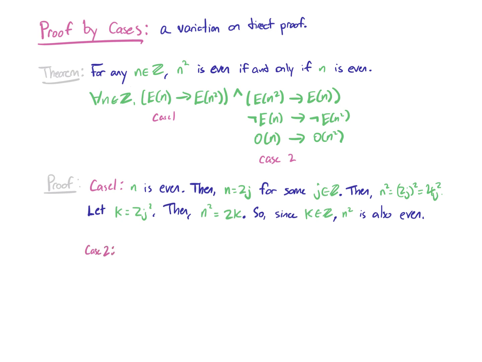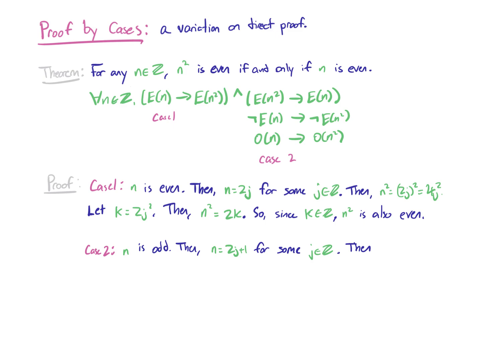Okay, so for case 2, I'm considering n is odd. So in this case, by definition, n equals 2j plus 1 for some integer j. Then we're going to do a pretty similar calculation here.